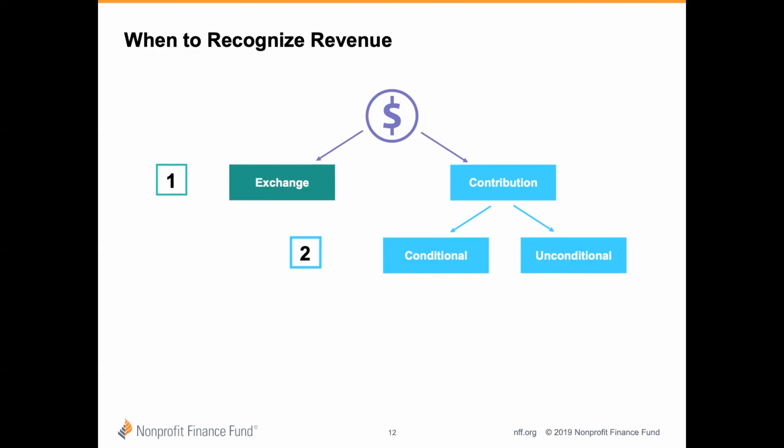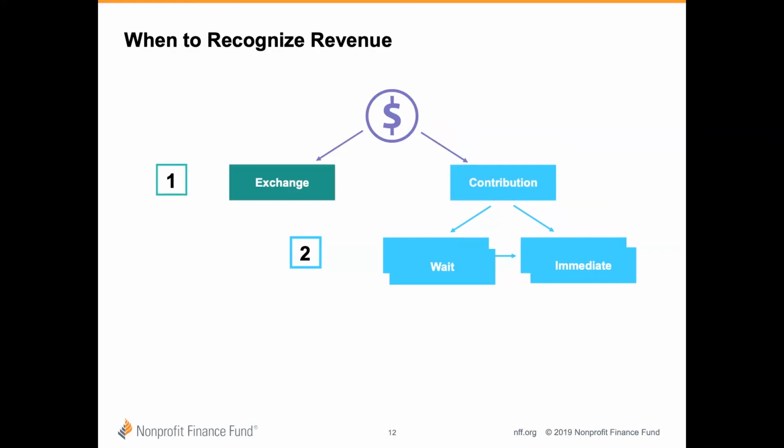So a conditional contribution, as we have said, has barriers or conditions, which means that it's not considered revenue until the condition or conditions have been met. Only after a conditional contribution becomes unconditional can we recognize revenue. If the contribution is unconditional from the start, it can be recognized as revenue immediately.